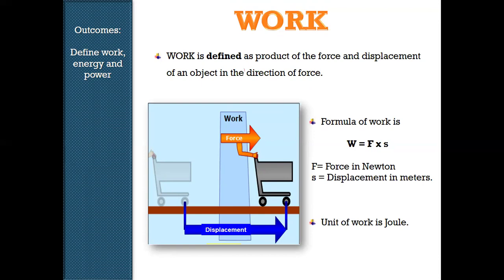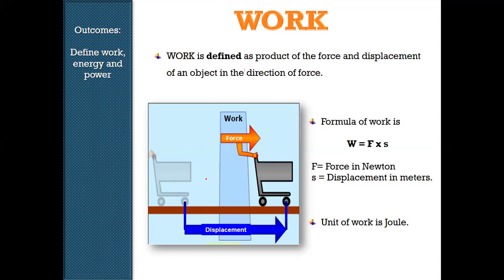a displacement, okay? For an example, what you see here on this picture, we have a trolley. When you apply a force on a trolley for a certain displacement, when you change the position, look at the initial position of the trolley, and then you apply a force to the trolley, and then it attains a certain displacement.